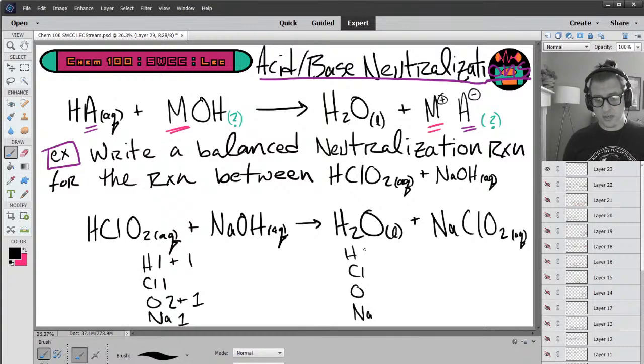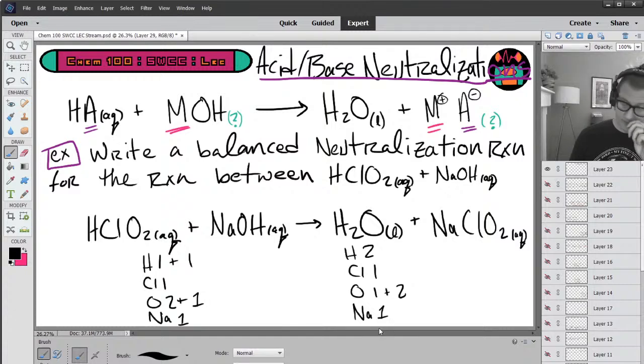We have 2 hydrogen, right? 1 chlorine, 1 plus 2 oxygen, right? 1 from water, 1 from sodium chlorite, and 1 sodium. All right. Looks like this thing's balanced. So we don't actually have to do anything beyond this step.